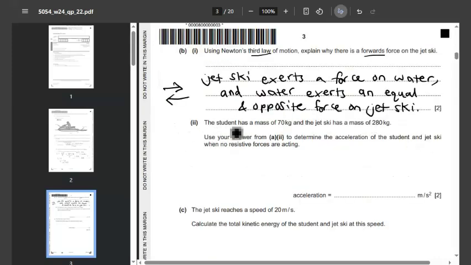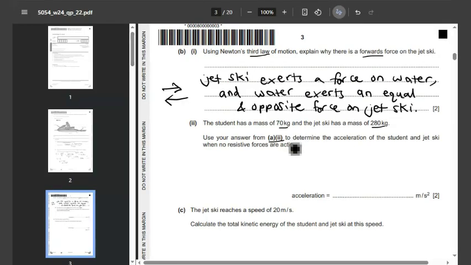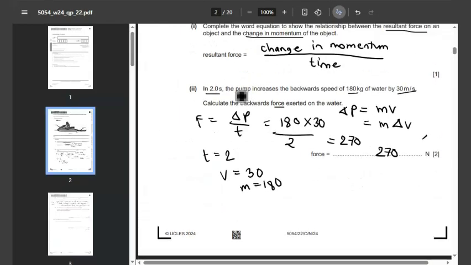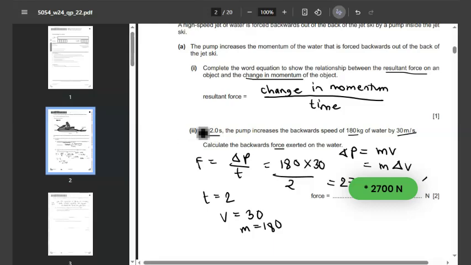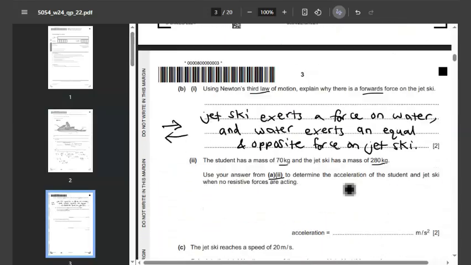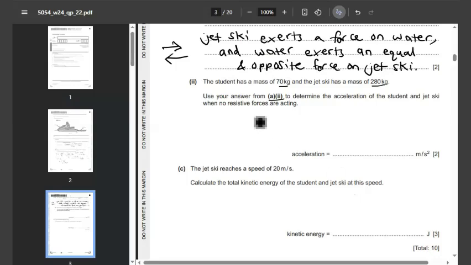Roman 2. The student has a mass of 70 kg. And the jet ski has a mass of 280 kg. Use your answer from question A, Roman 2 to determine the acceleration of the student and the jet ski when no resistive forces are acting. So the question is asking us to use our answer from question A, Roman 2. In question A, Roman 2, we found out that the force of the water will be 270 Newton.